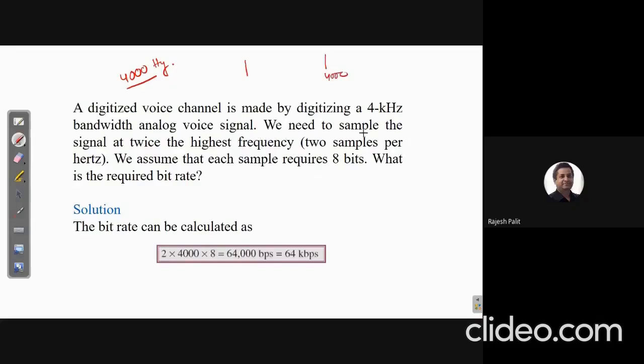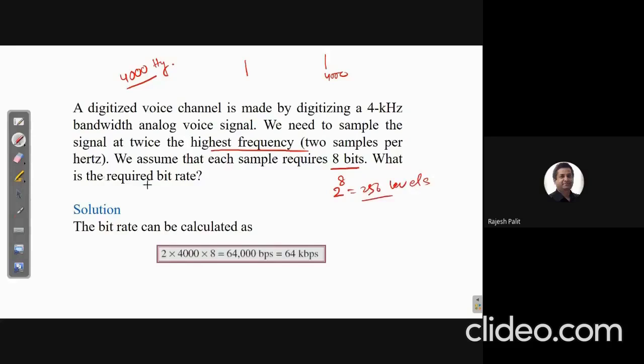We need to sample the signal at twice the highest frequency. Then we assume each sample requires 8 bits. 8 bits means 2 to the power 8, that means 256 levels are used.